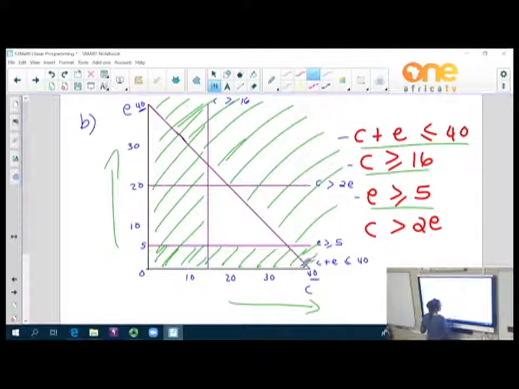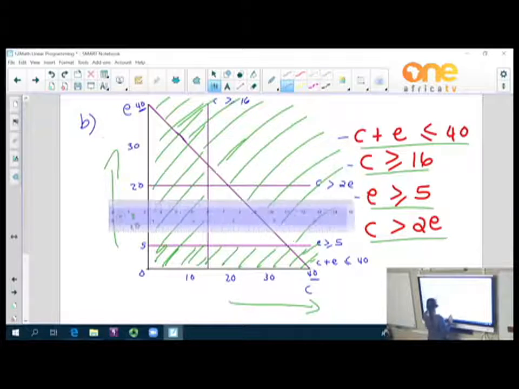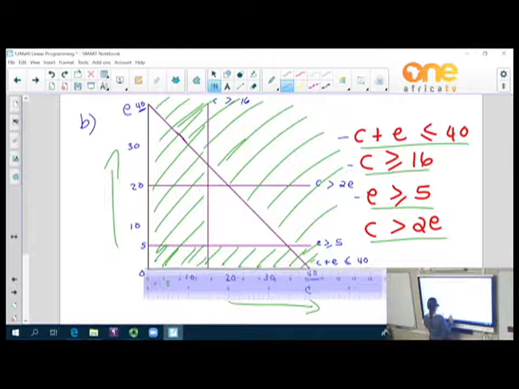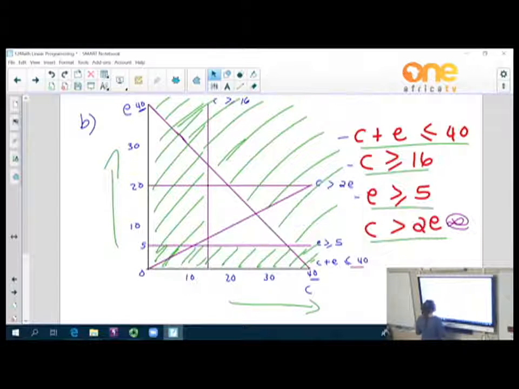This is unwanted. And then the last one, C is more than, oh, I still need one line. So we still need one line here. This one needs to go from 0. So there we have the other line of that one. So when one is 40, the other one can only be 20.